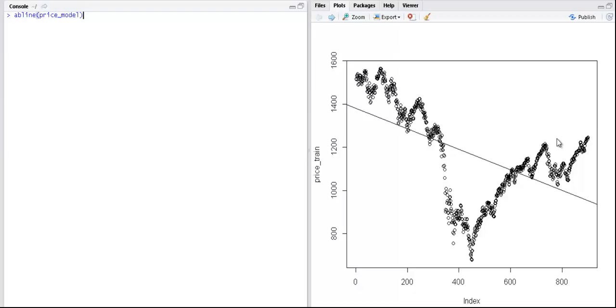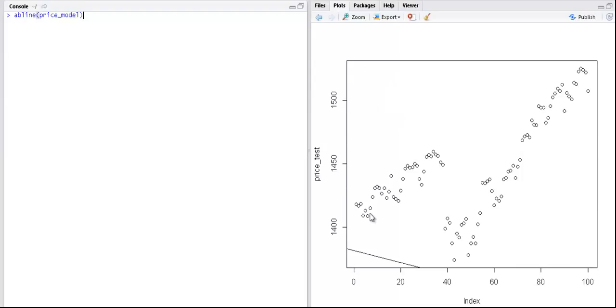So on day 900, the price was what, about 1300? So when I go from day 900 to 1000, I see that it actually keeps going up. It dips a little bit, but it actually keeps going up.